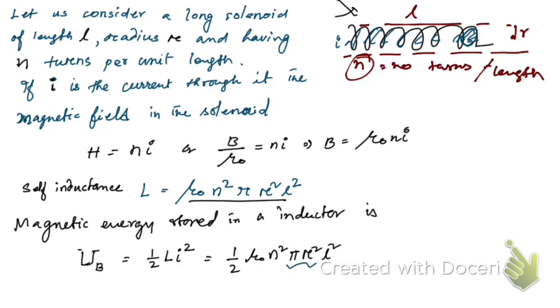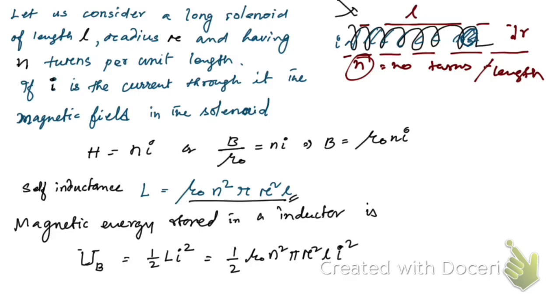Sorry, I forgot to write I square here, and this should not be L square, this is supposed to be only L. Sorry, I made a mistake.